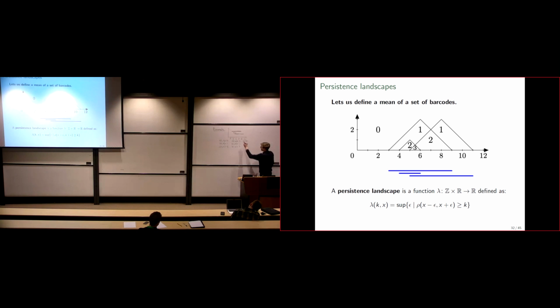Here we have a map of rank 1 going from 7 to 11. And here it is 2. And at 10 it is 1. And then at 11 it is 0, because this bottom bar dies, and so if we increase epsilon by just any tiny amount, there is no longer any bar there, so there is no map, and so it's 0.